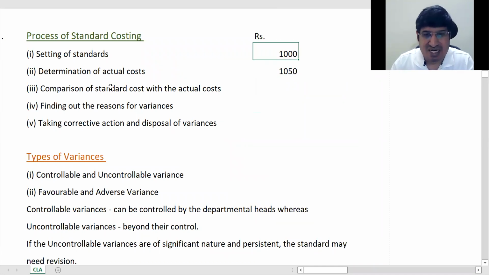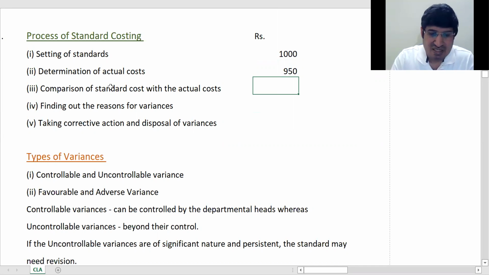I'll write this as 50 (A), where A means adverse variance. So my actual result has been bad, worse than standard, so I'll put A. In this case, if the actual had come to 950, then it is better than standard, right? So I would have put 50 F, favorable.